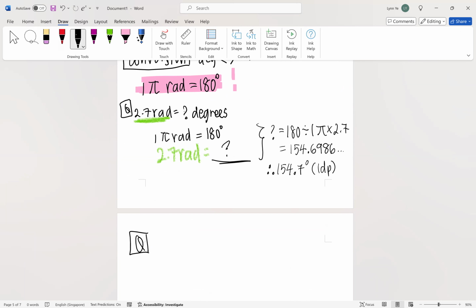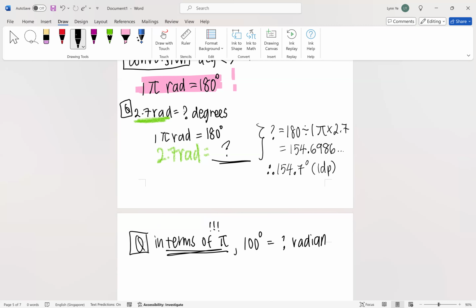Now the next question. The next question that your teacher can ask you is, in terms of pi, 100 degrees is equal to how many radian?